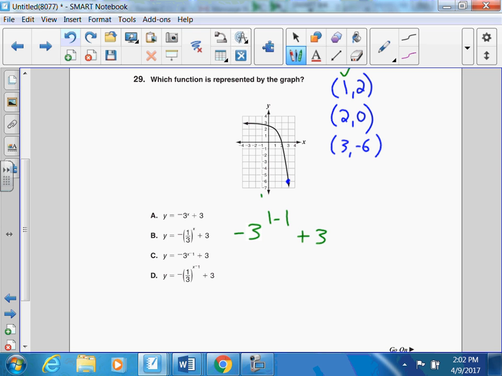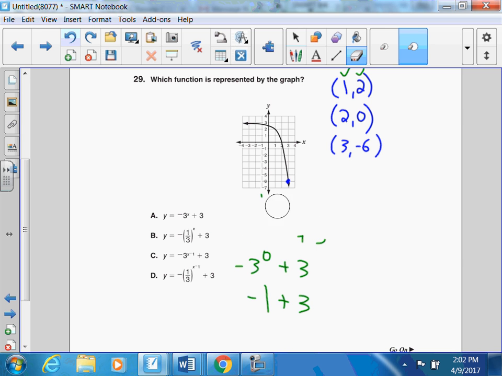Remember, we're plugging in 1 for x. 1 minus 1 is 0. So if you have -3 to the 0 power +3, what is 3 to the 0 power? That's going to be 1. Then you attach your negative, and it's -1 plus 3, which is +2. So far, I think that C might work.